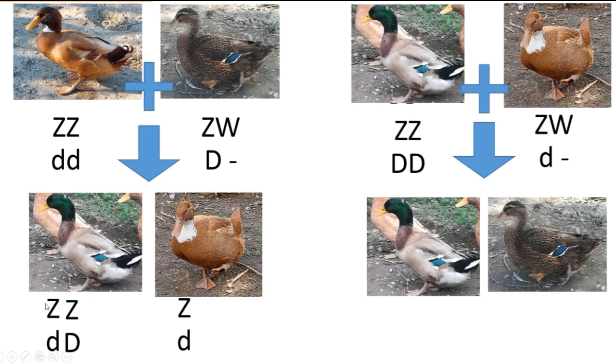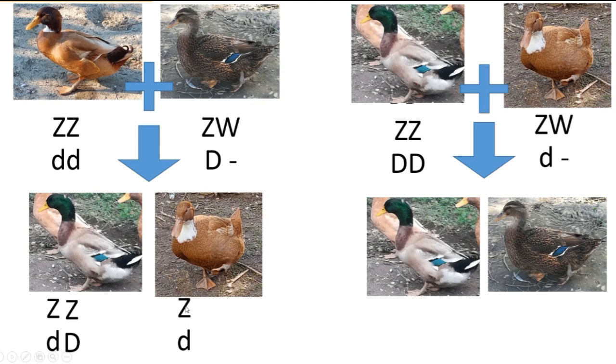So that will create him as a double Z, so that's male, but he contains only one copy of the brown that will be hidden under the original. So that's why the drake son will not be brown. He will only carry it.